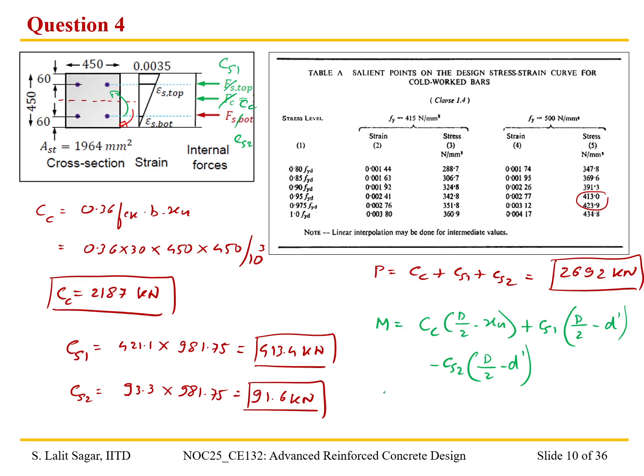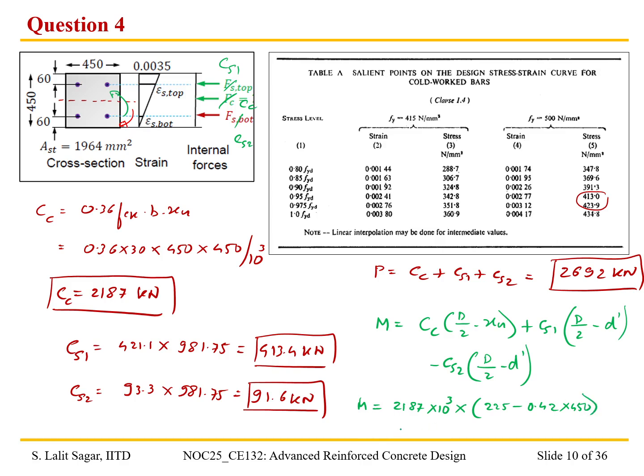I'll write down all the values so that you can verify this with your calculations later on. 2187 into 10 to the power 3 multiplied by mid height 225 minus XU, which is 0.42 into 450.